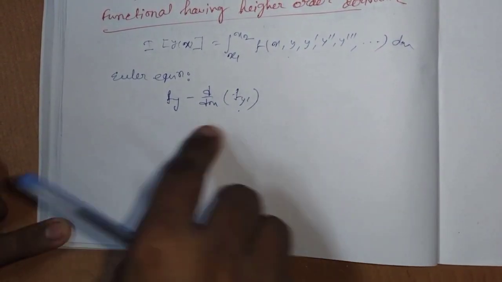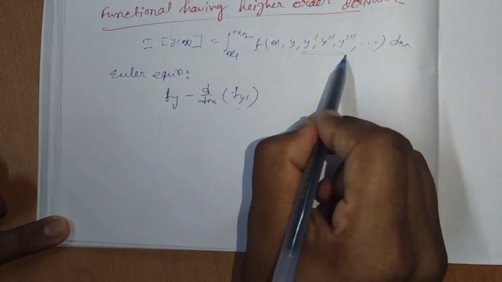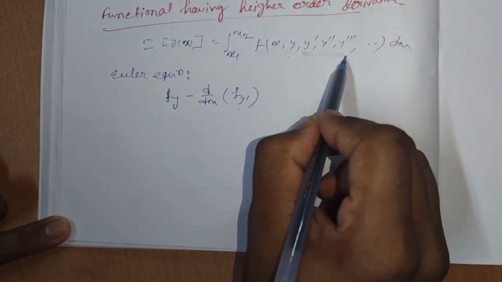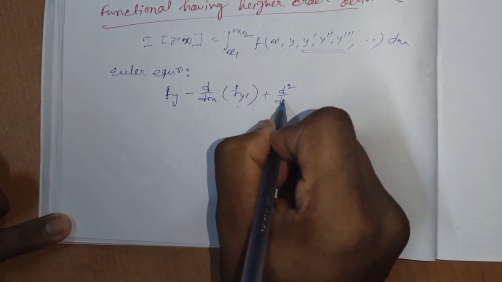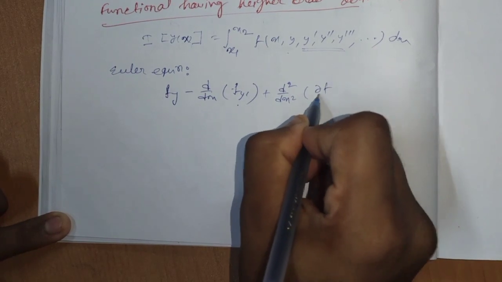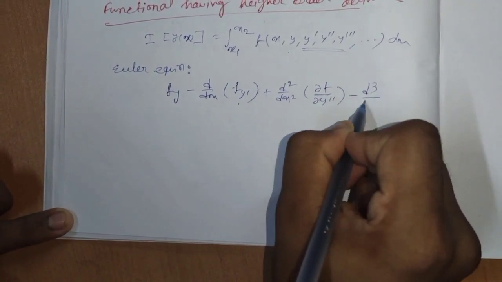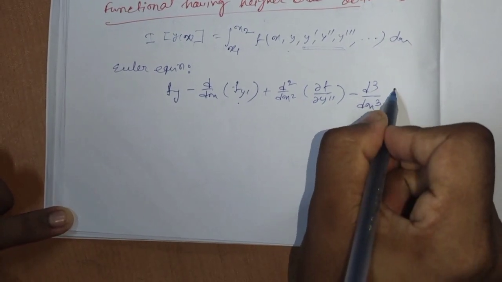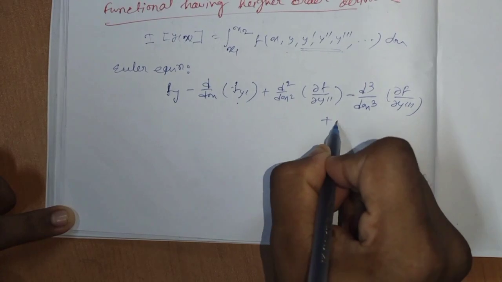Now see, this is our previous one, but here higher order derivative is involved. So plus d2/dx2 of del f by del y double dash, minus d3/dx3 of del f by del y triple dash plus dot dot dot.